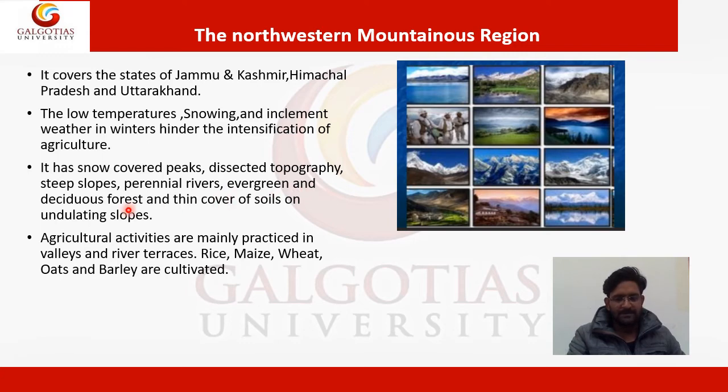What are the agriculture activities? Agriculture activities are mainly practiced in the valleys and river terraces: rice, maize, wheat, oats, barley. These are the important crops that are actively cultivated there. And orchards: apple. Apart from this, apricot, almond, walnut, lychee, cherry, peach, and pears.